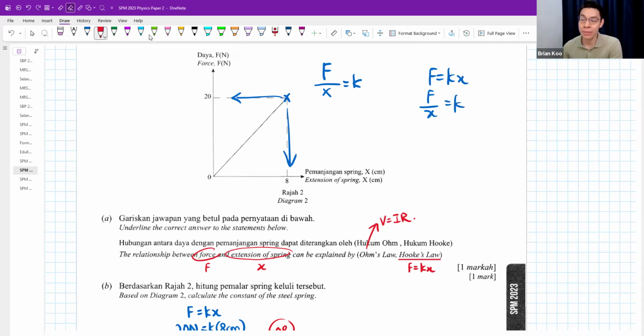Now, please remember that whenever you have a directly proportional graph like that, in SPM, usually most of the graphs, you can use this method. As long as it is y-axis over x-axis, just like how you normally do gradient, y2 minus y1 over x2 minus x1, y divided by x, then we know this represents the gradient, which is the spring constant.